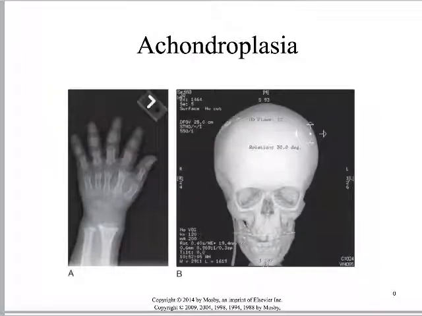Things that we often see associated with achondroplasia, again, I mentioned with the left hand. One of the things that we're looking for is whether there's a flute-like appearance at the area of the epiphysis. If you look in particular at the patient's left radius, towards the distal end of the radius, it's kind of flute-shaped like this.